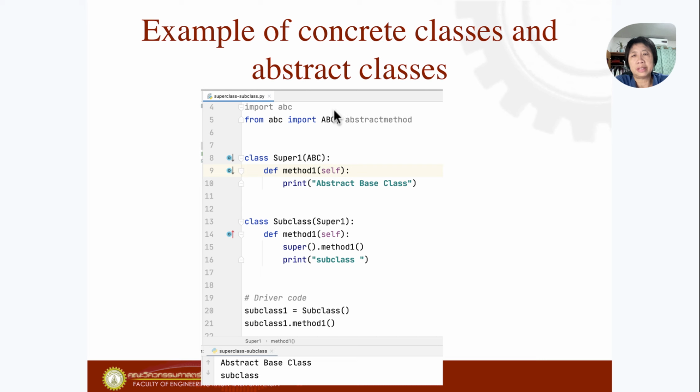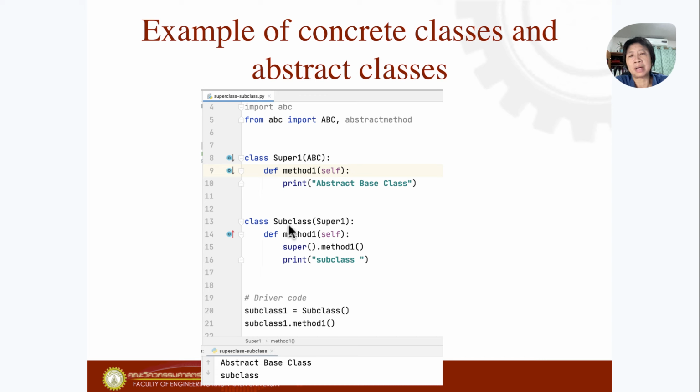So let's see the example of a concrete class and an abstract class here. Here we have super one as an abstract class because it inherits from ABC. And this abstract class doesn't need to have an abstract method, because here method one is a concrete method. It doesn't have the abstract method decoration.